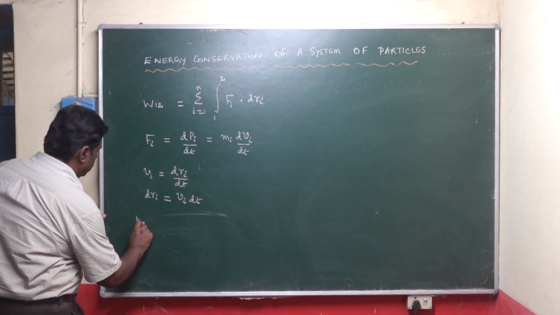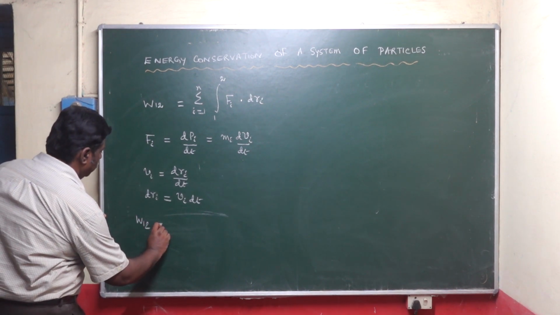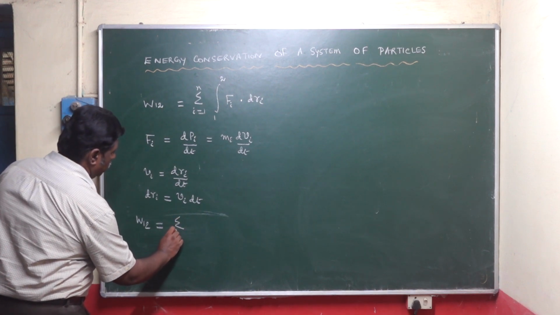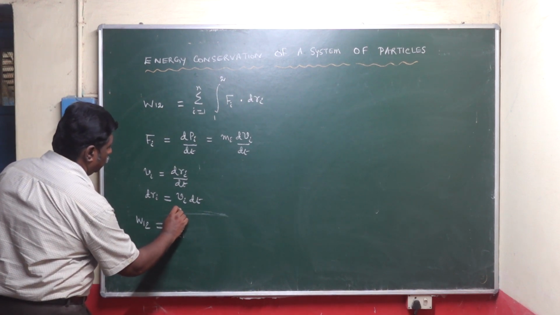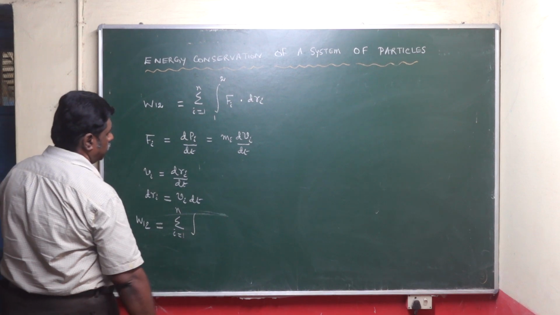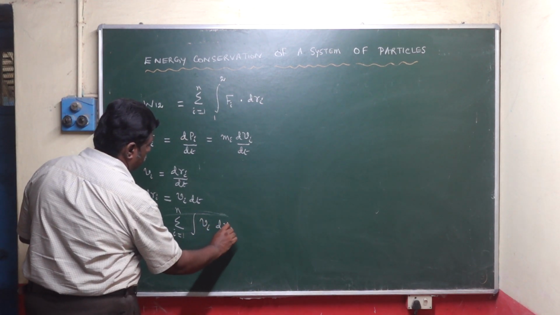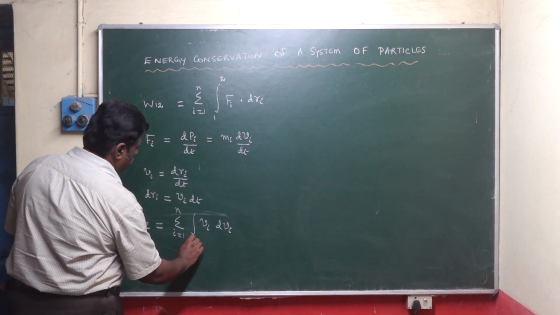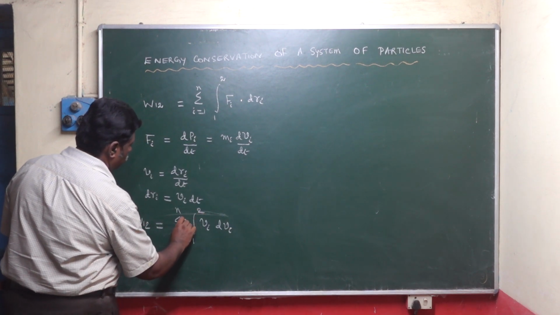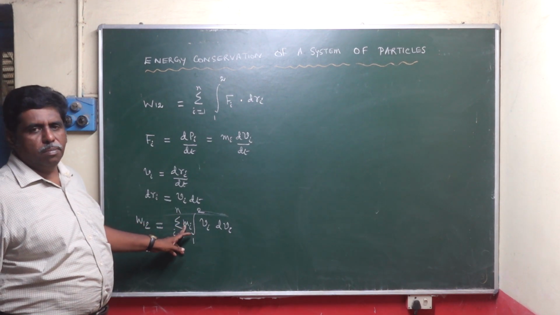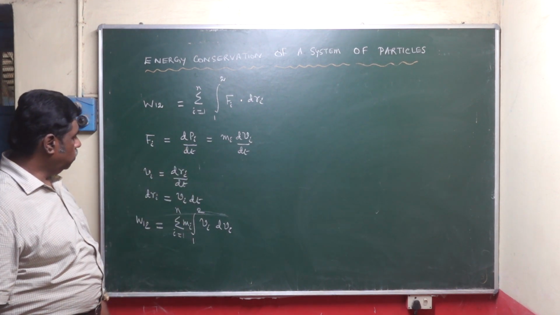Now W12 is equal to summation i = 1 to n, integral vi dvi, limit varying from 1 to 2, times mi. Here mi is a constant, the mass of the ith particle, so we have taken it out.